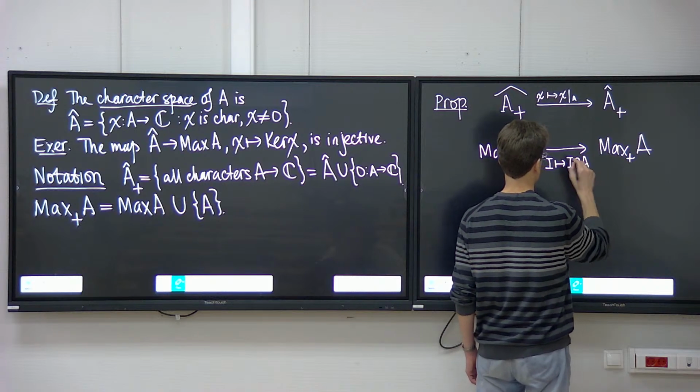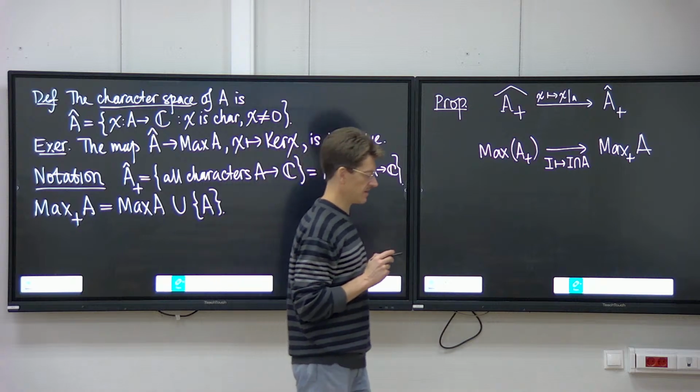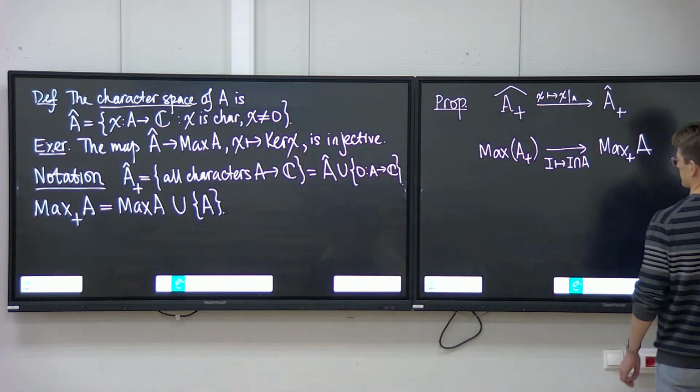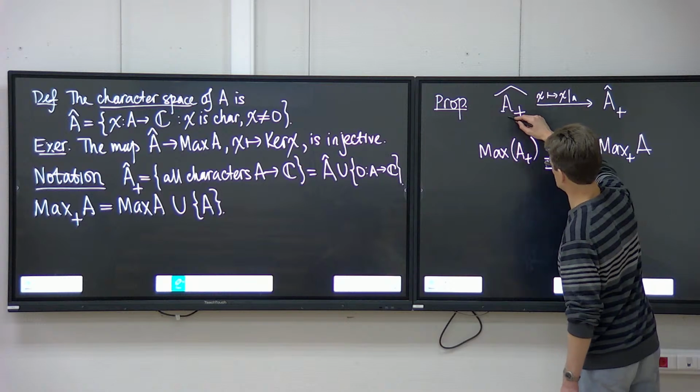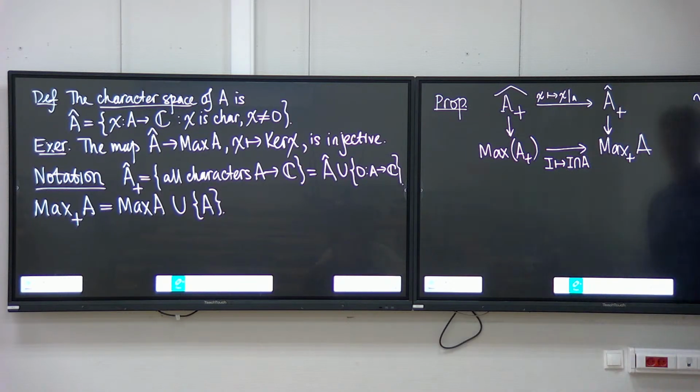And this turns out to be a maximal modular ideal of A, which is not entirely obvious, but I'll give you a little hint of how to prove this. And finally, we have two arrows from here to here. Both arrows take every character to its kernel.